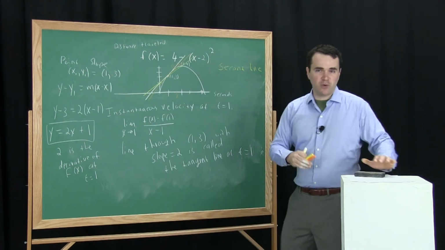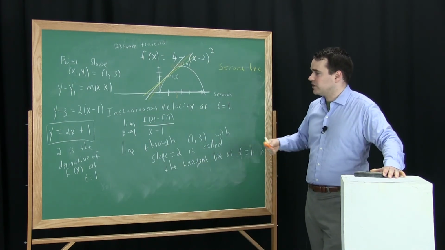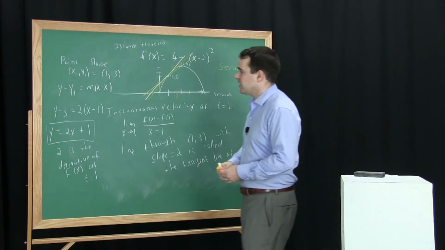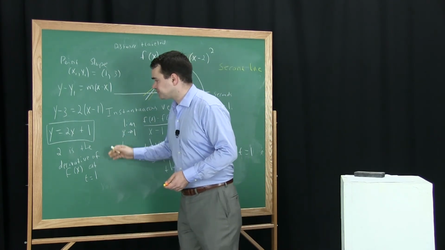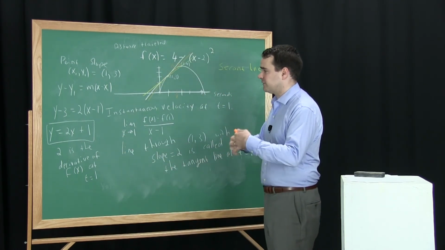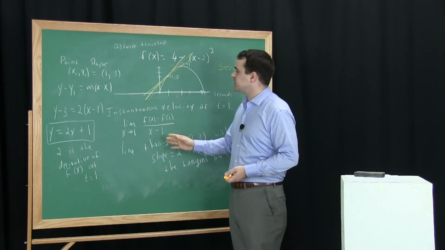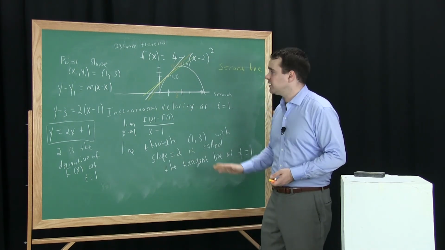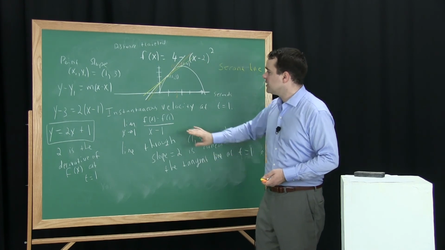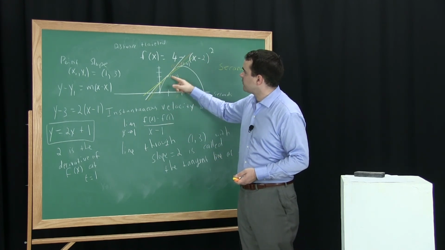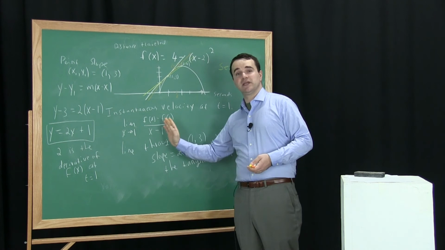Well, that's going to be a whole other video. We'll get there a little bit later, but this is your first example of seeing a derivative of a function. What I want to emphasize is that the derivative is always going to be the slope of the tangent line. You get that slope of the tangent line by taking the slope of a secant line and then taking the limit.